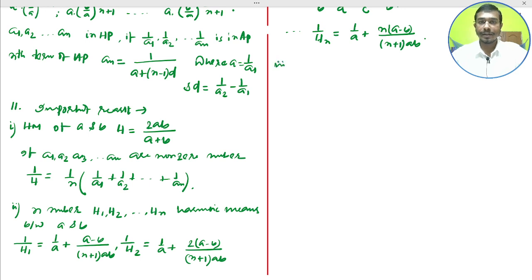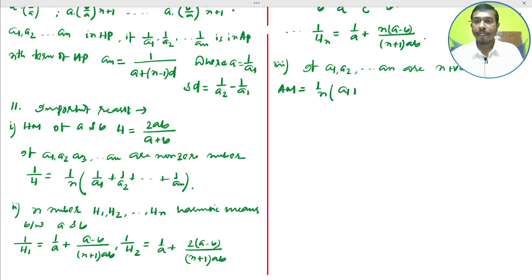Next, property number 3. If a1, a2, ..., an are n positive real numbers, very important result: the arithmetic mean would be 1/n (a1 plus a2 plus ... plus an).